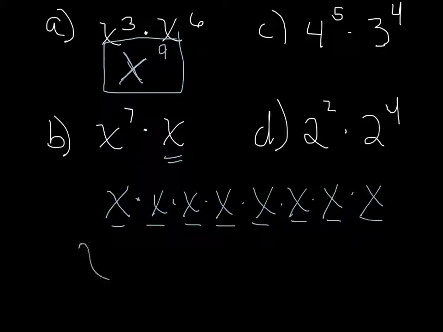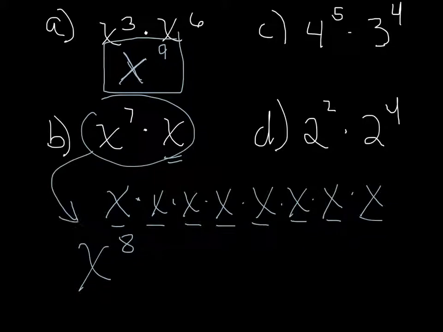So our answer for B is x to the 8th. So if you don't see an exponent there, we can assume that it's actually a 1. Okay? So that's our answer to this guy, the final answer is x to the 8th.